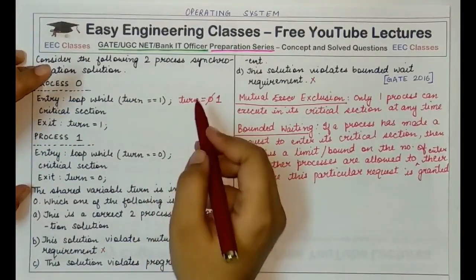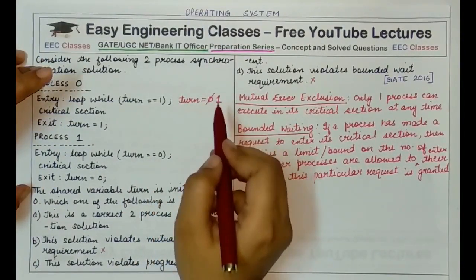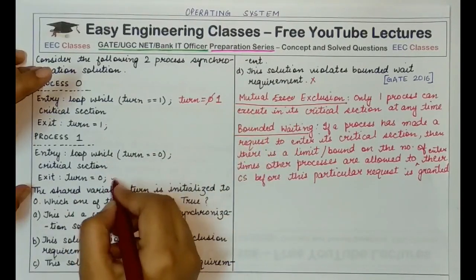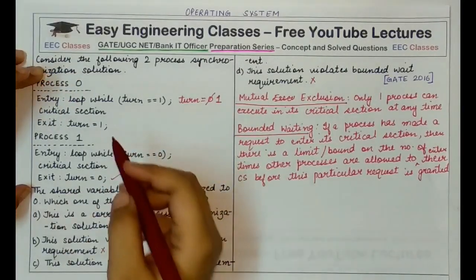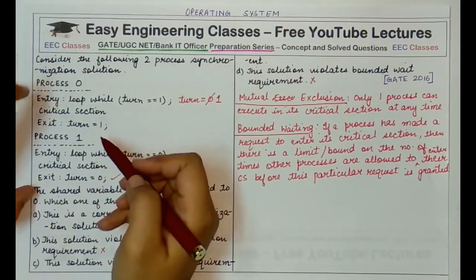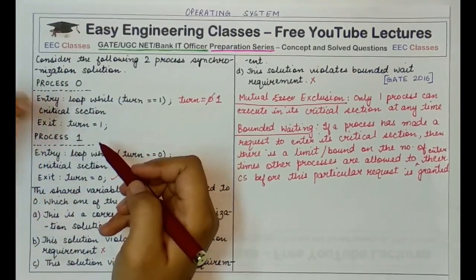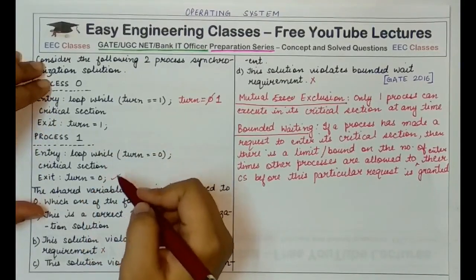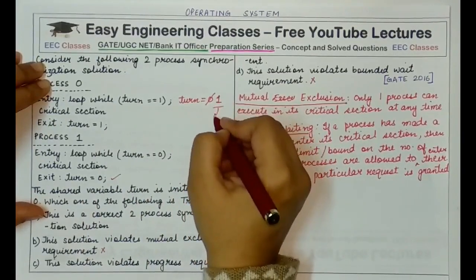But since the value of turn is equal to 1 and this value can be reversed to 0 only by process 1, process 0 will get another chance into its critical section only when process 1 enters its critical section and reverses this value of 1 to 0.